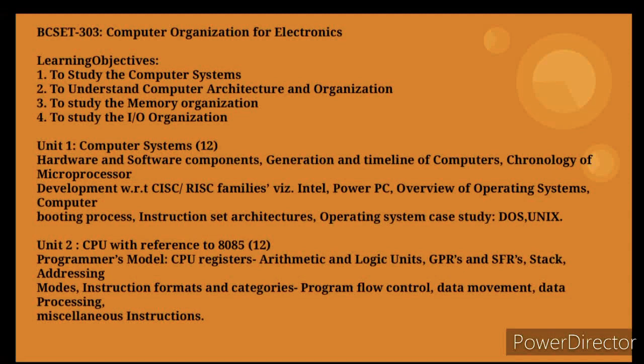Next, Unit 2 is the CPU with reference to the 8085. The 8085 is an 8-bit microprocessor that can be used as a CPU. In Unit 2 we discuss the programmer model. What is a programmer model? The programmer model is the part of the CPU that is available to the programmer.